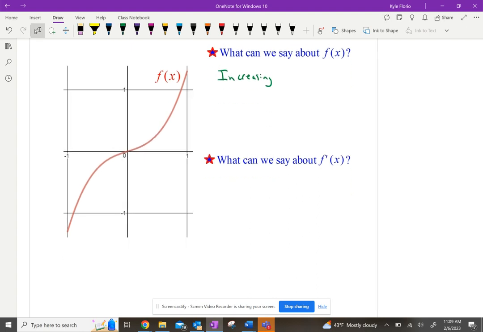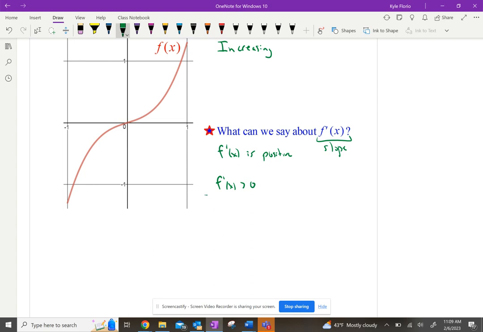If the function's increasing, that means the derivative, or the slope, is positive. Algebraically, the derivative is greater than 0 everywhere. No matter what x value you're at, if you find the slope and plug in a number, you'll get a positive number.